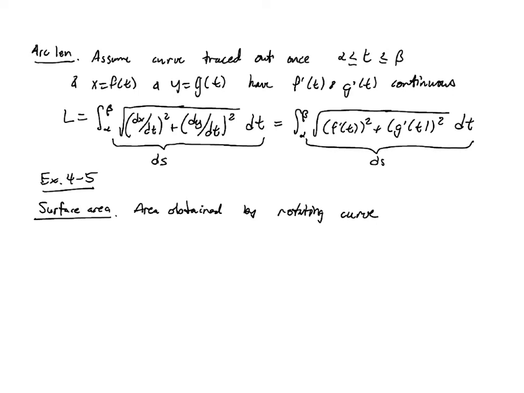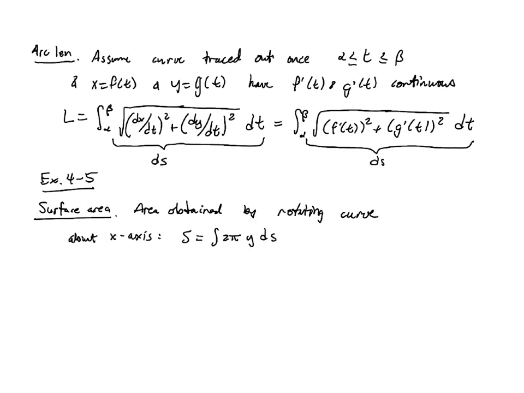So if we rotate about the x-axis, then the corresponding surface area is the integral of 2 pi y ds. And remember that this was an extremely convenient formula for when we were looking at surface area previously.